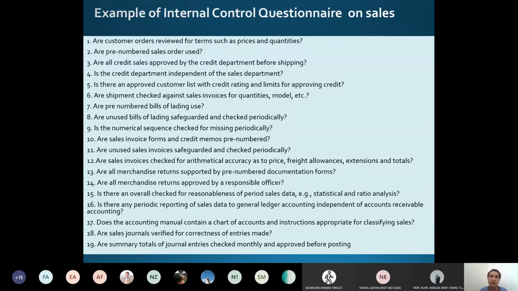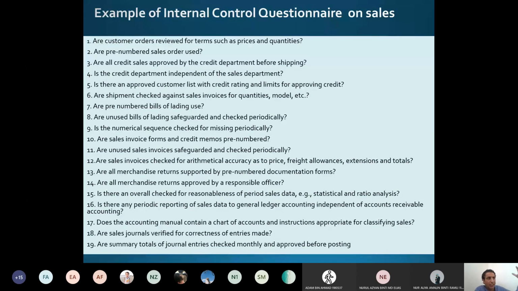If they don't have credit limit, credit approval process, then we will not ask question number 4 and question number 5. But if they have, then we will try to check the effectiveness of the internal control of credit limit approval through the process, whether they have an approved customer list with credit rating and limits.